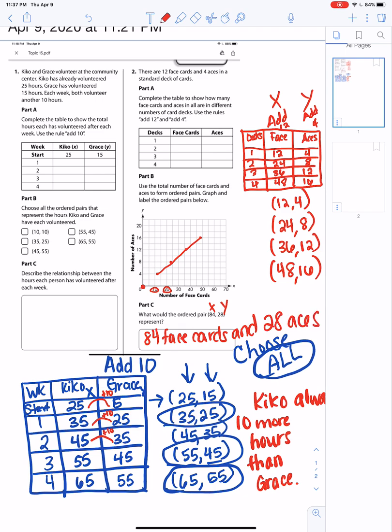That's how we're interpreting that ordered pair. Because if we just write 84, 28, someone looking at that doesn't have any understanding of what that means. But if we say what it represents, this word represent is very important. That means, what does it mean in this problem? In this problem, it means 84 face cards and 28 aces.